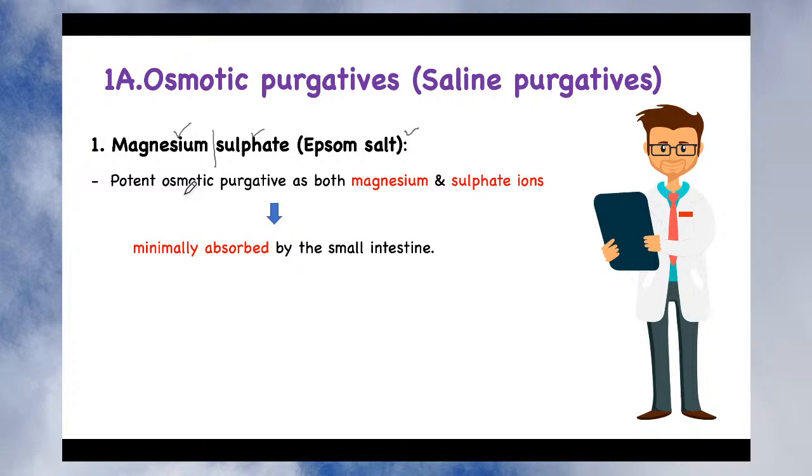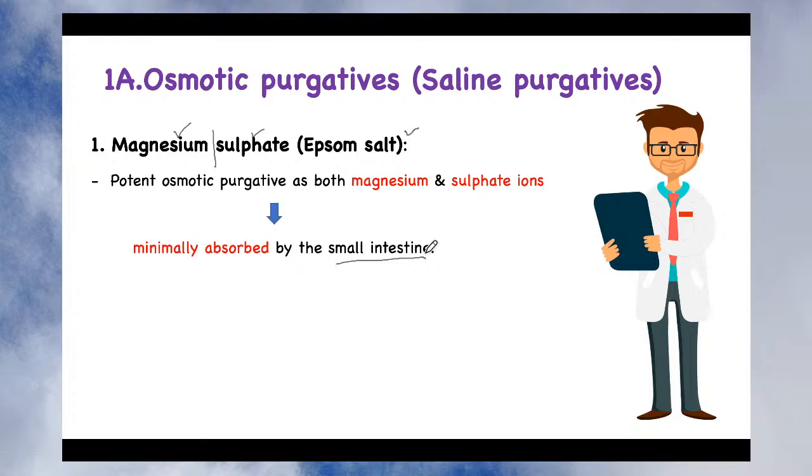So when you administer magnesium sulfate, if they were absorbed into systemic circulation, they would attract less water. Since they have minimum absorption into the small intestine, whatever drug is administered to the patient remains in the intestine itself, right?